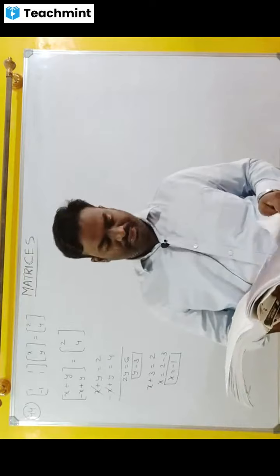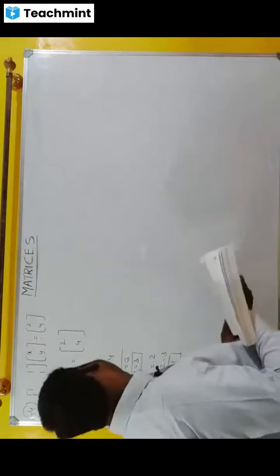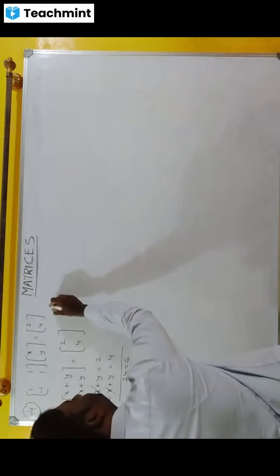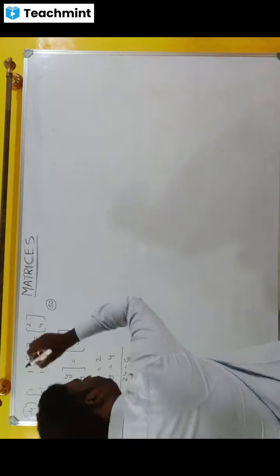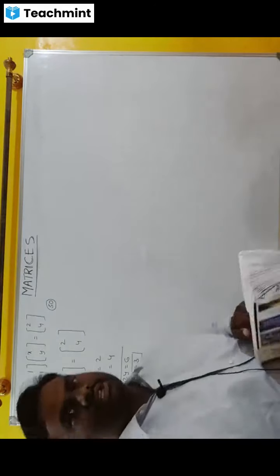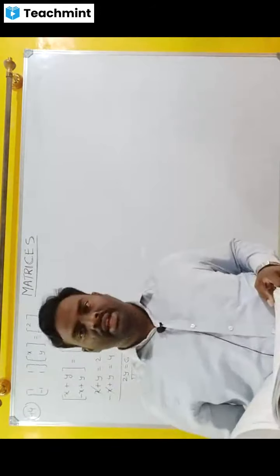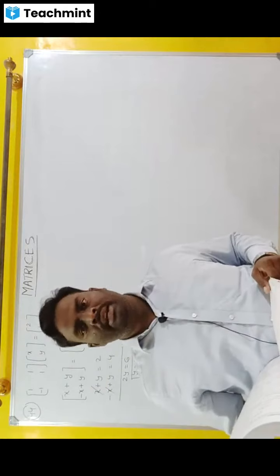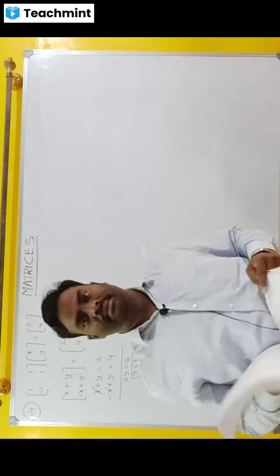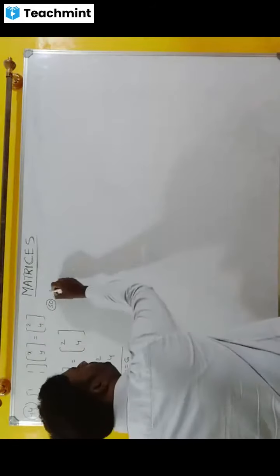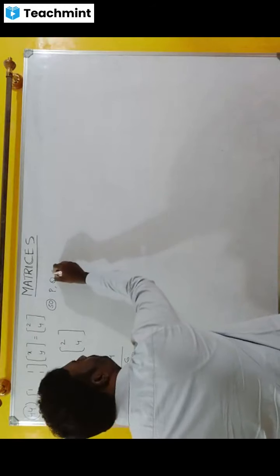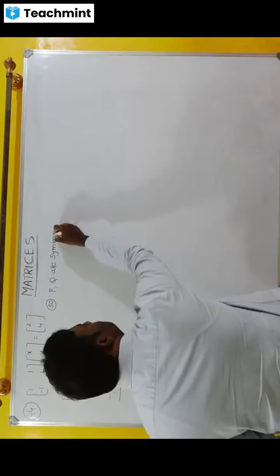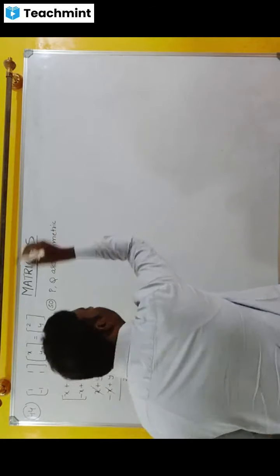Okay. Next we will discuss question number 50. This question was asked in KSET 2019. If P and Q are symmetric matrices of the same order, P and Q both are symmetric matrices of the same order.